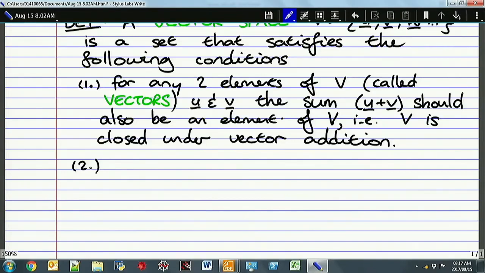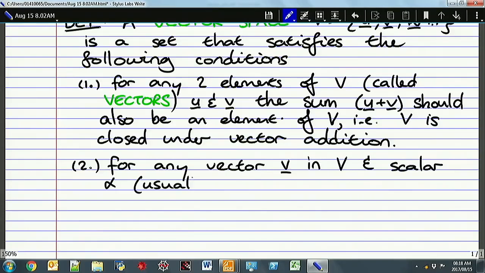So for any vector v in V and scalar alpha, usually alpha is going to be a real number, not always.